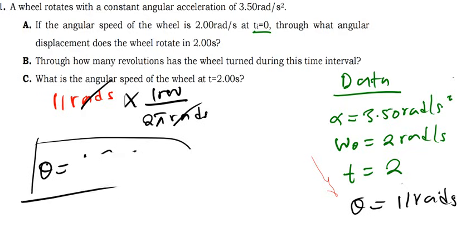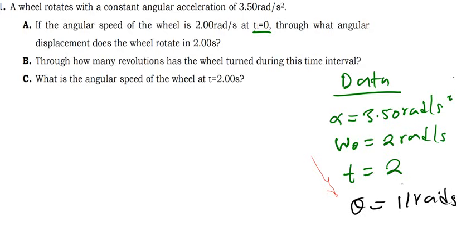The question continues. What is the angular speed of the wheel at t is equal to 2? What speed are they asking about here? They're asking about the final, because we know that the initial is 2 when t was equal to 0.